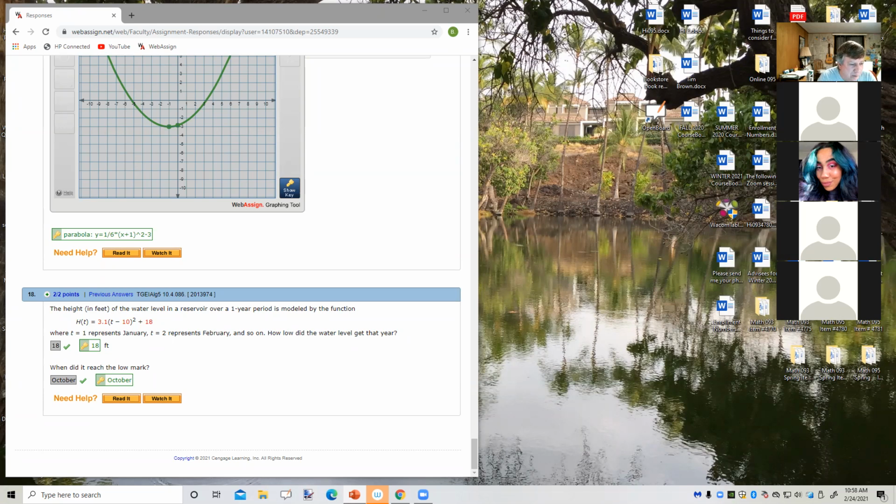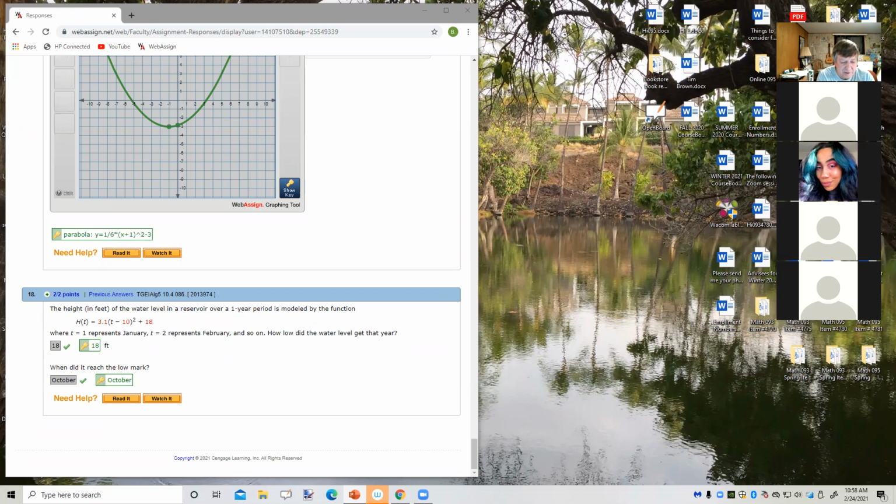Now, where t equals 1 represents January, t equals 2 represents February, and so on. So t is months, right? So January t is 1, February t is 2, March t is 3, etc. Okay?